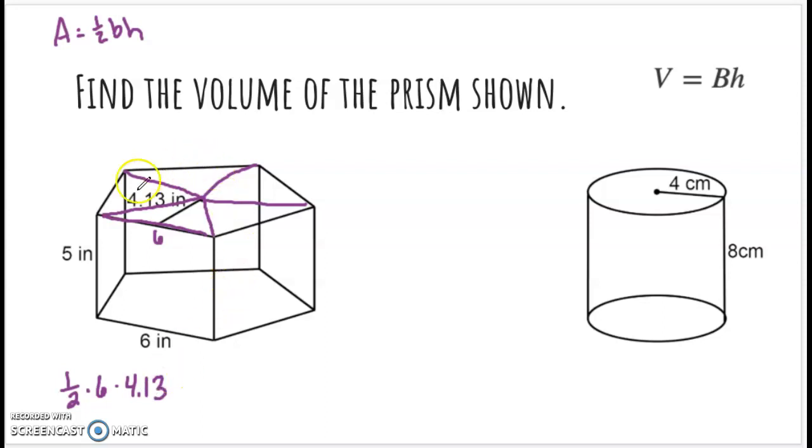And then we're going to have to take that and multiply by 5, right? So that's just to find the area of that pentagon, okay? And then you're going to take that area of that pentagon and multiply by, right, area of the base times the height of the prism, so times 5.